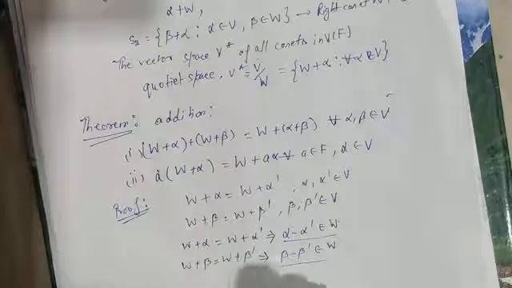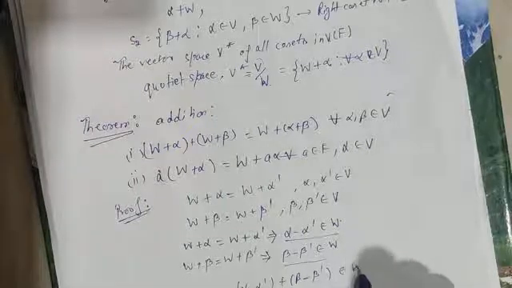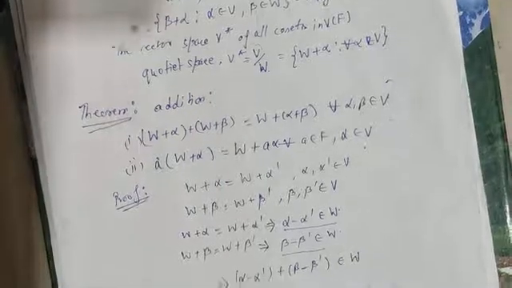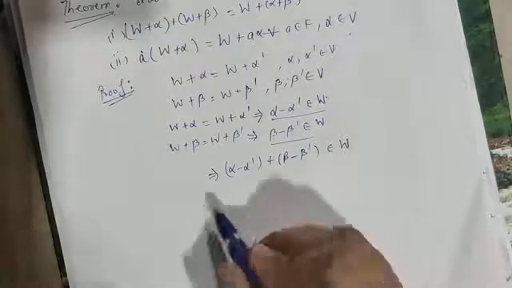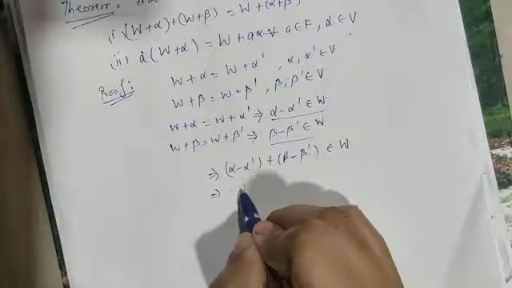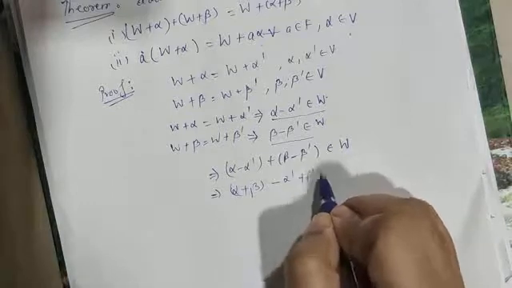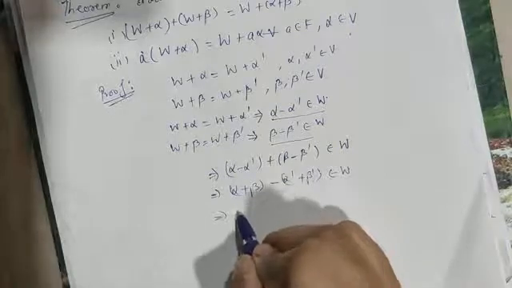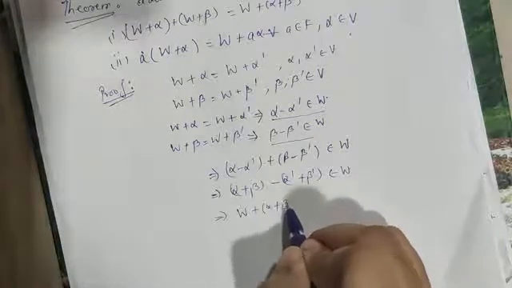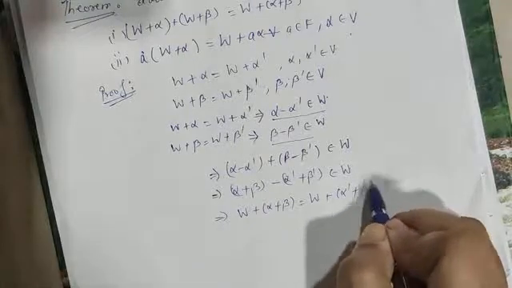This implies alpha minus alpha dash plus beta minus beta dash also belongs to W, since W is a subspace, or subspace is itself a vector space, and this implies alpha plus beta minus alpha dash plus beta dash belongs to W, and this implies W plus alpha plus beta is equal to W plus alpha dash plus beta dash.